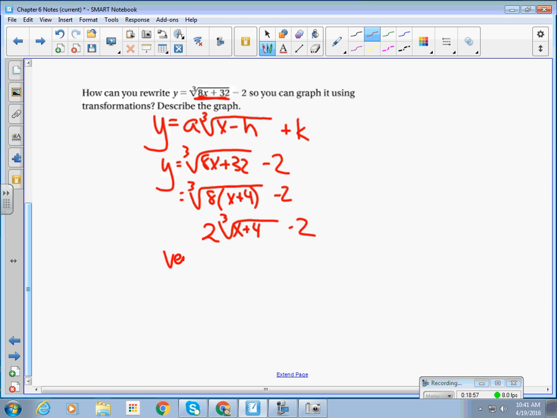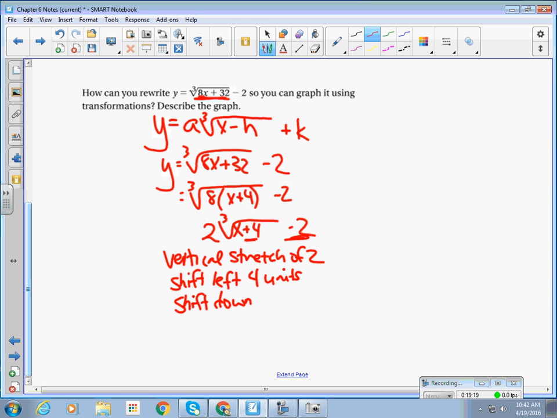It's going to have a vertical stretch up to, it's going to shift to the left 4 units, and then it's going to shift down 2 units.